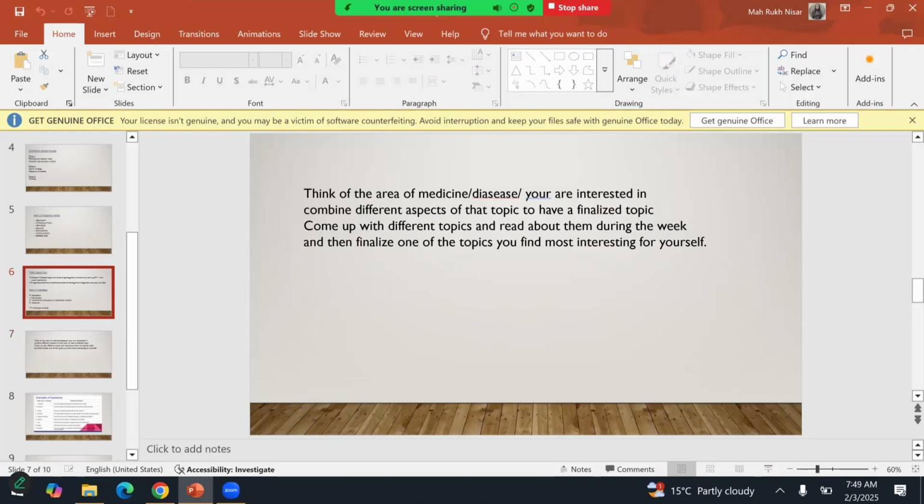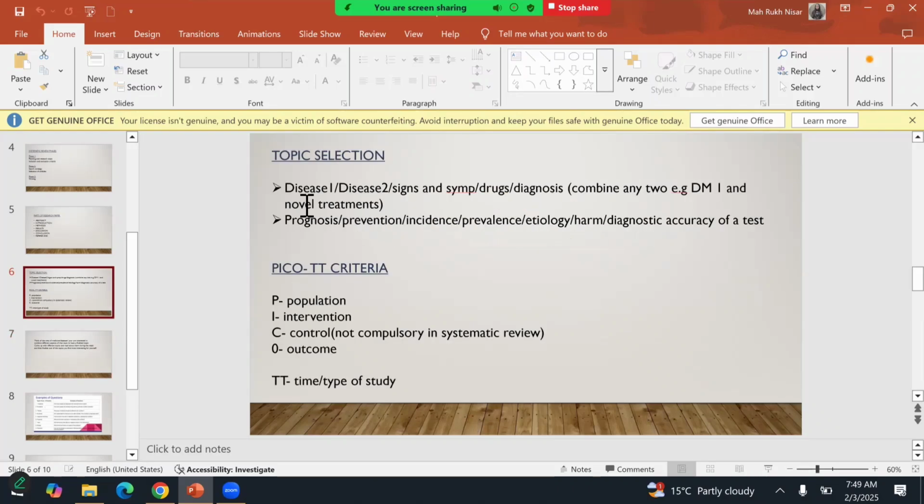For example, you can combine disease one with disease two. You can think of risk of myocardial infarction in multiple sclerosis patients. So it would be a combination of disease one and disease two. We call them concepts. One concept is risk of myocardial infarction, and the second concept is in multiple sclerosis patients.